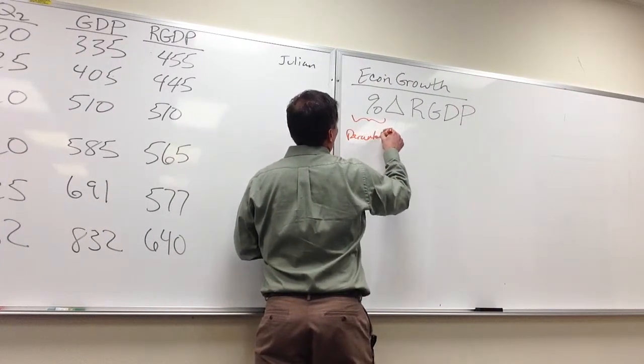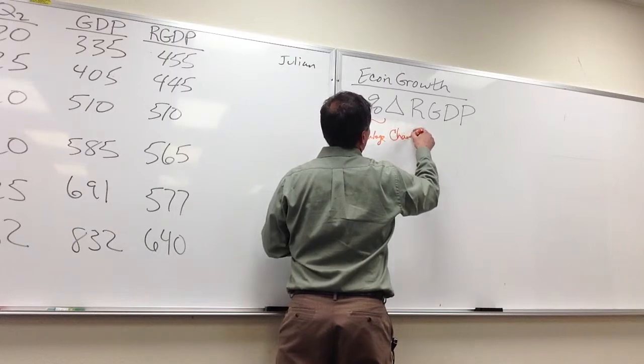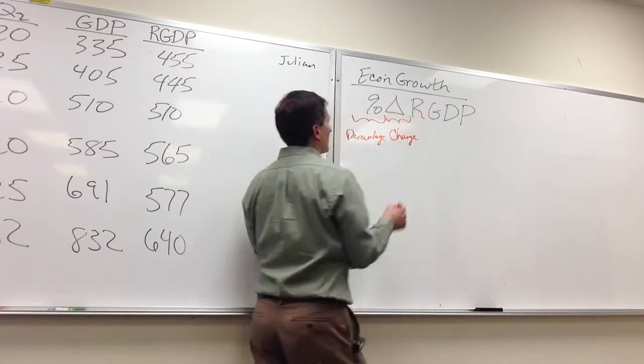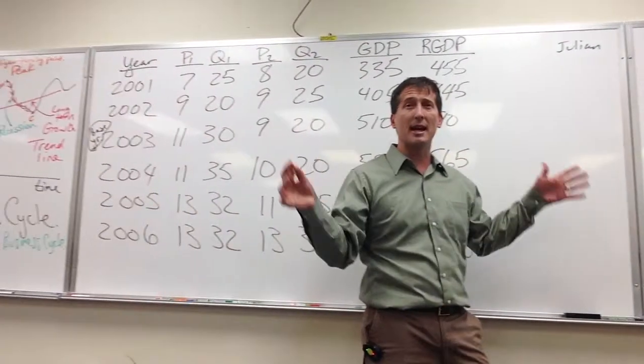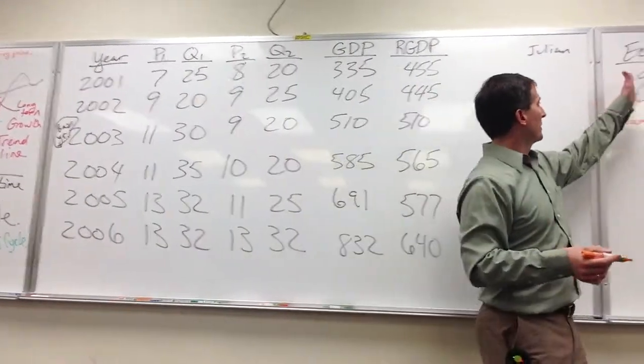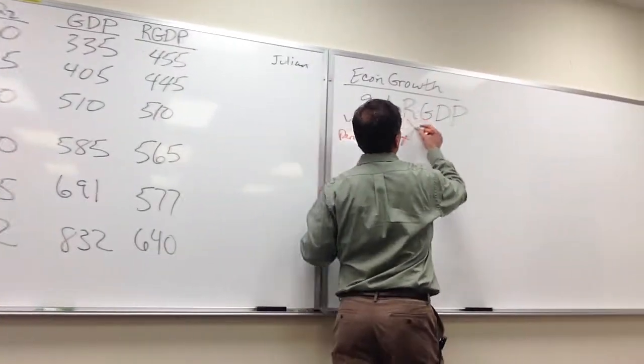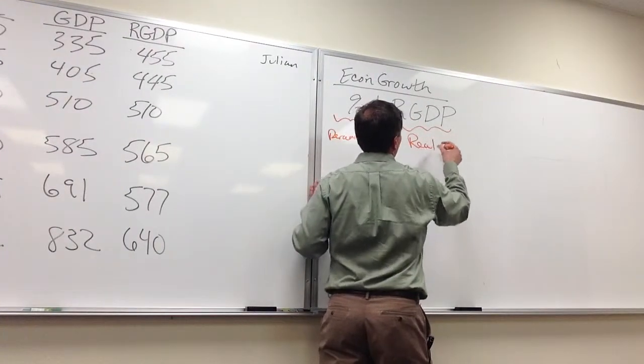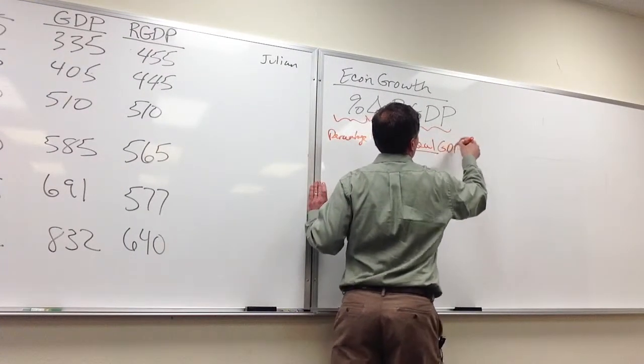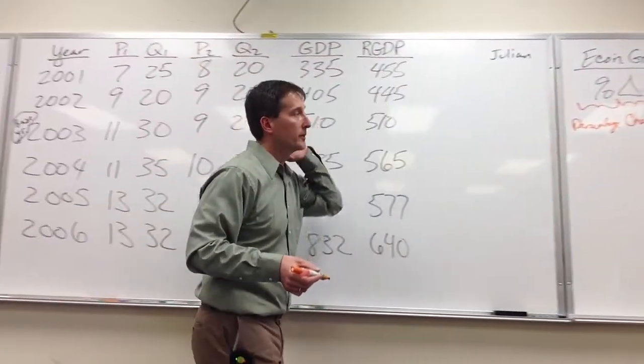Percentage change is the triangle. That's a little shorthand math notation using a little triangle for change. I'll use that a lot this semester. So this is the percentage change in real GDP. And I'll put the word real here and then use our GDP since we've defined that earlier.